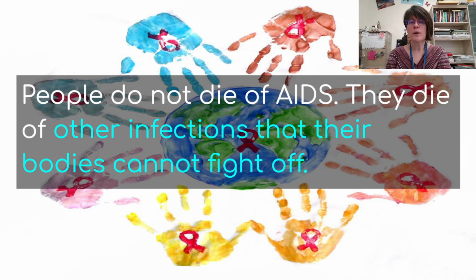An important thing to know is that people do not die of AIDS. They die of other infections that their bodies cannot fight off, because the virus hides in and destroys some of your immune cells. It's not actively attacking you, but it is making it so your body cannot fight off other infections.